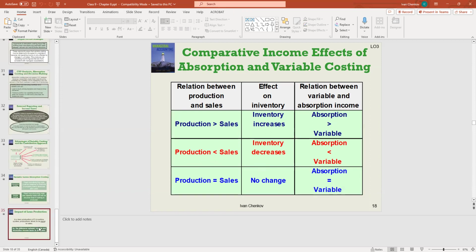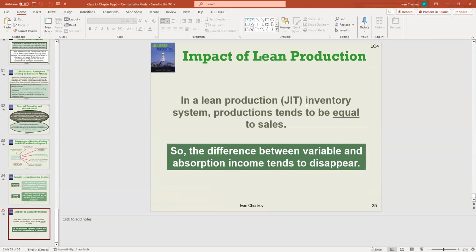That's the effect that we're chasing under the just-in-time inventory. We need to match our production to our sales. And in that case, the difference between both systems is going to disappear. And that's your chapter 8.